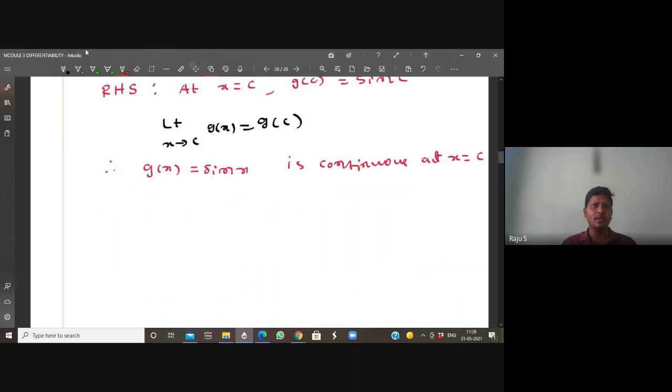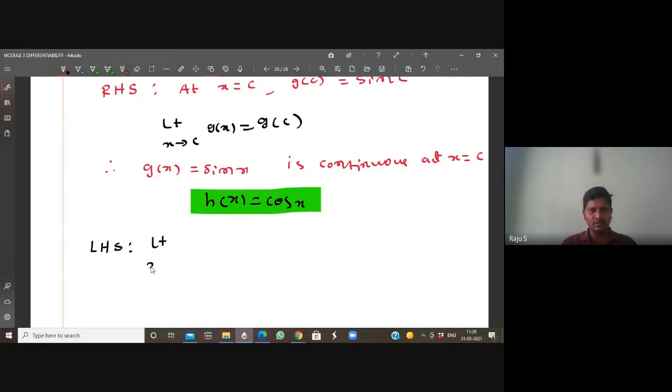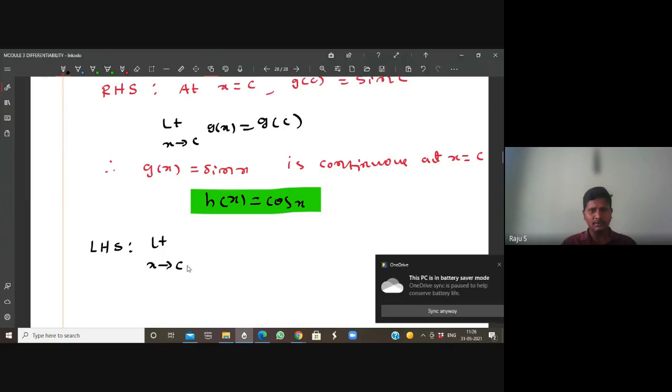In the same way, you have to check h of x at x equal to c. So I am taking h of x equal to cos x. See students, this sine and cos is very important. Now I'm going to find the same LHS, the left hand side limit, that is limit as x tends to c of h of x.